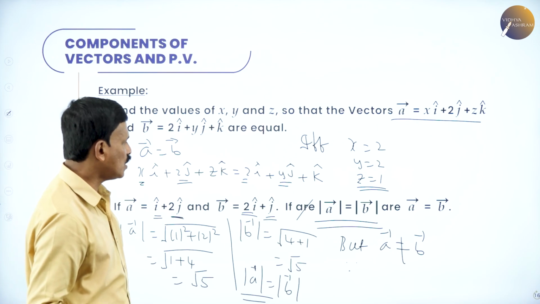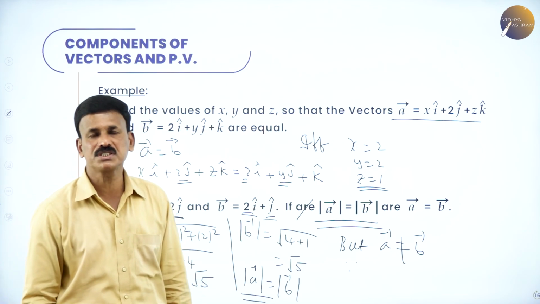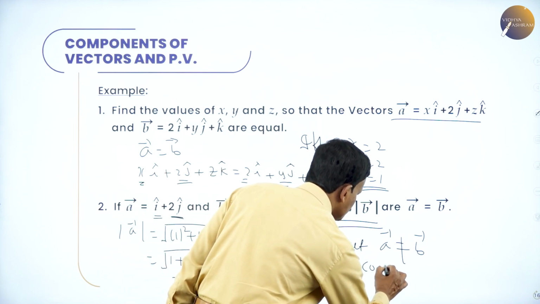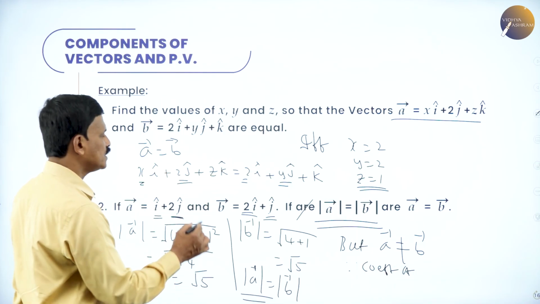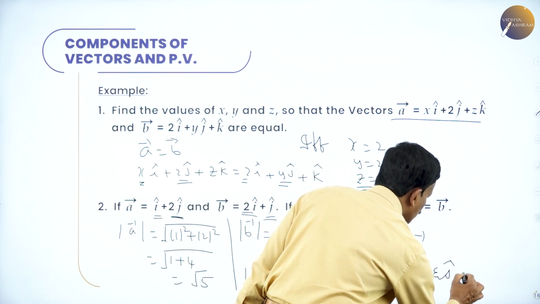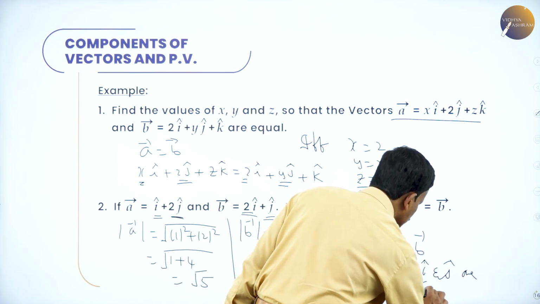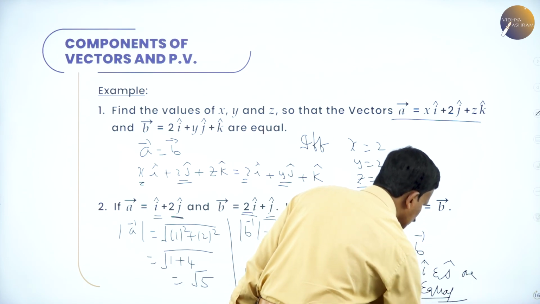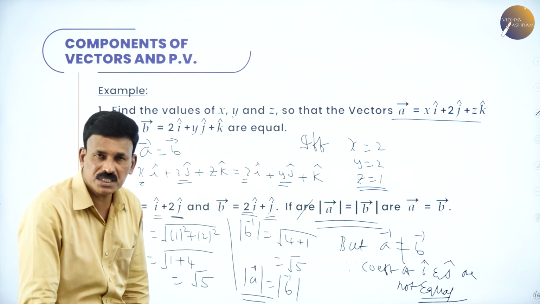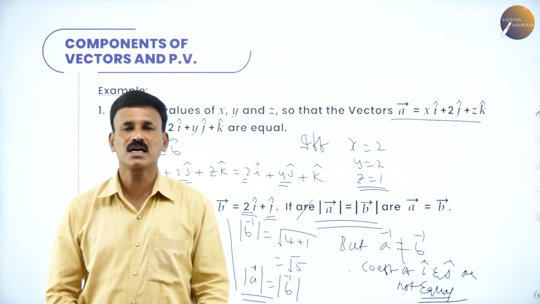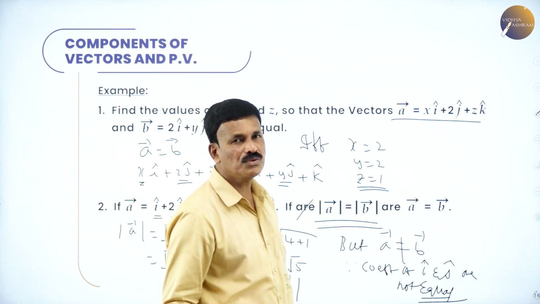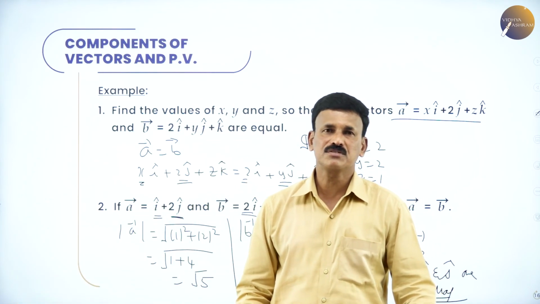So these two vectors are not equal because the coefficients of i and j are not the same. Their magnitudes are the same, but they are not equal vectors. Okay, these are a few examples for equality of vectors.